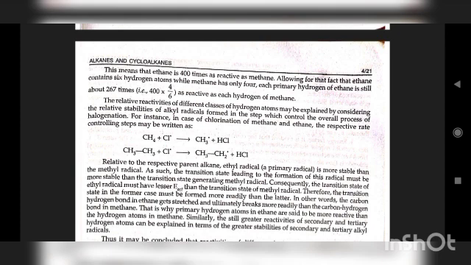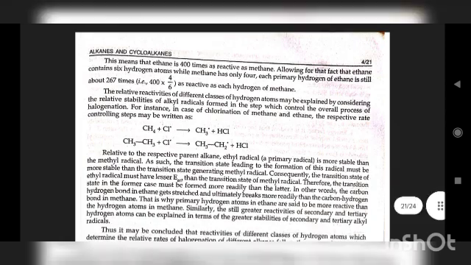This means that ethane is 400 times as reactive as methane. Allowing for the fact that ethane contains 6 hydrogen atoms while methane has only 4, each primary hydrogen of ethane is still about 267 times as reactive as each hydrogen of methane.